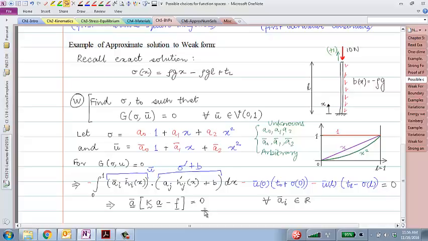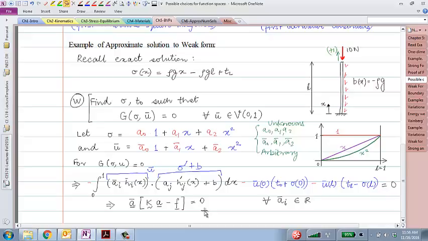This value is also a vector. Ka minus f is also a vector. So this vector dotted with another vector would give me a scalar, right? And note that G, the original integral, is also a scalar. So the scalar that you would get from this long line would be the exact same scalar that you would get by multiplying these two vectors.